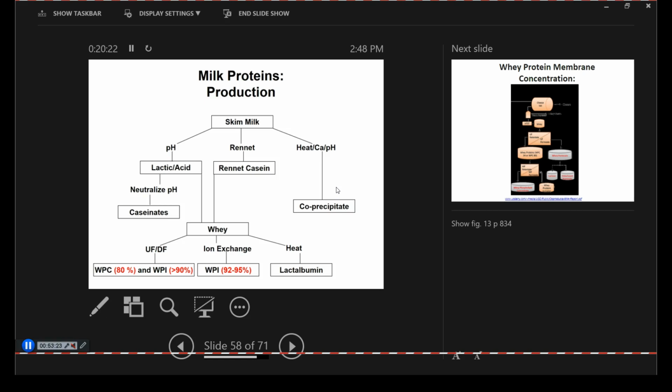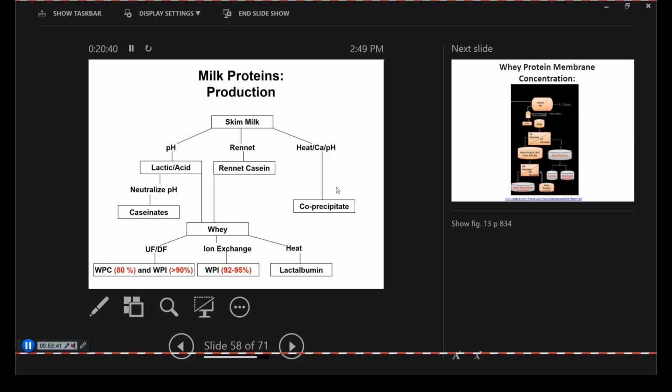However, if you take that whey protein and run it through an ion exchange like Agripure does, or formerly Vivisimo, you get a really nice whey protein isolate, a highly functional, highly soluble, highly nutritious product of 92% or above protein.